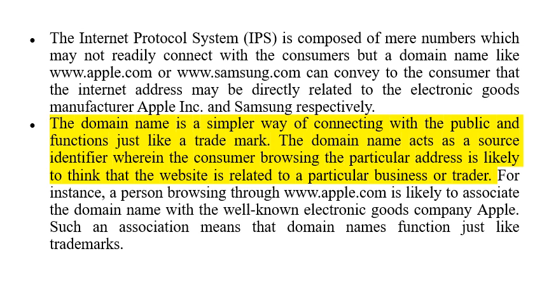So IP addresses could not be related to trademarks per se, but when we talk about domain names, because they established a connection between the consumers and the particular business entity, for example the Apple Incorporation and the consumers of Apple Incorporation, they established a communication between them, like www.apple.com would act as a source through which they would relate to the services that apple.com is going to provide, to the goods that apple.com is going to provide. So that is why it establishes a connection, right? The domain names establish a connection.